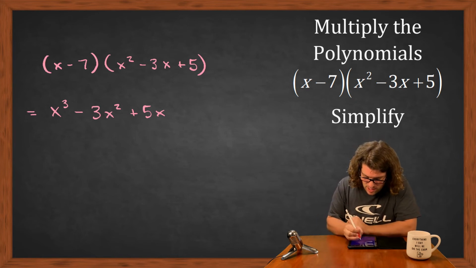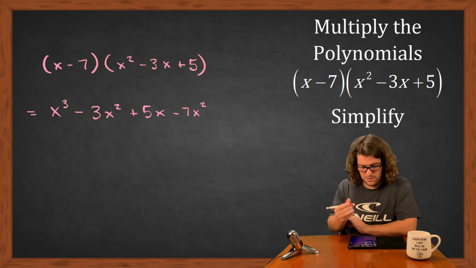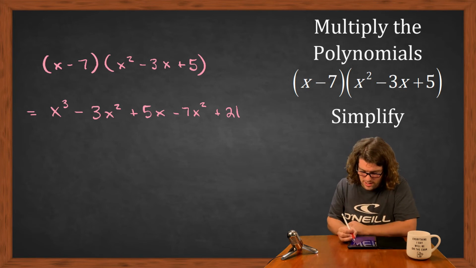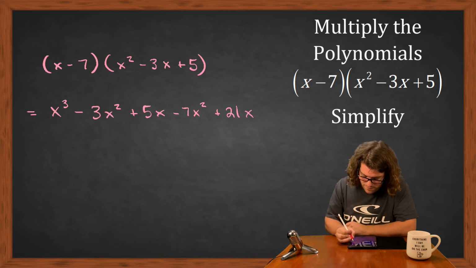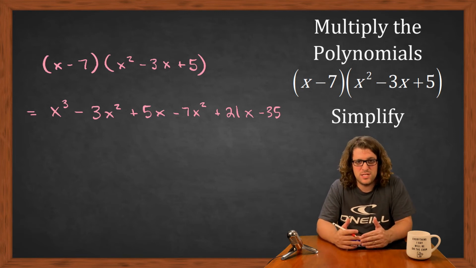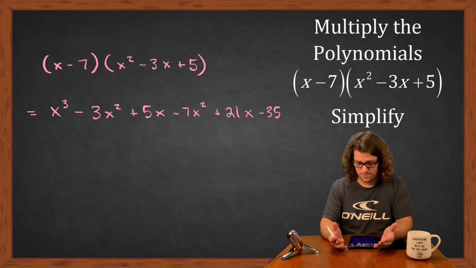So negative 7 times x squared will be negative 7x squared. Negative 7 times negative 3x, multiply the negative 3 times negative 7, that's going to give us positive 21, and there's just the single instance of x there, so it's positive 21x. Lastly, negative 7 times positive 5 would give us negative 35. At this point, what I have to do is put together the like terms if I want this to be in the simplest form possible.